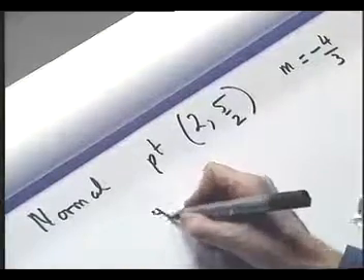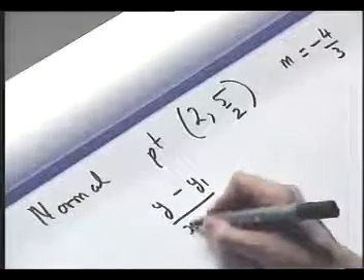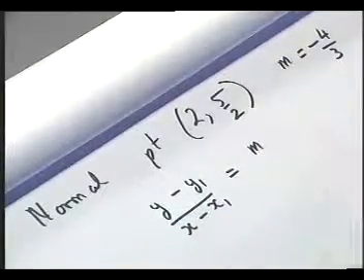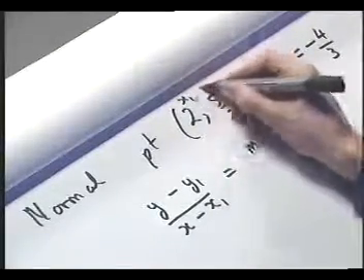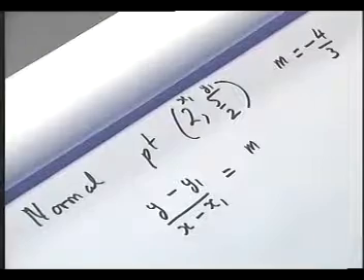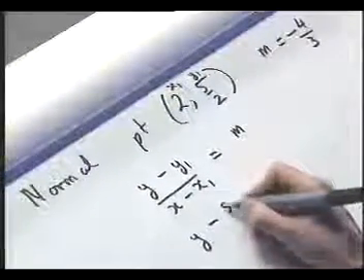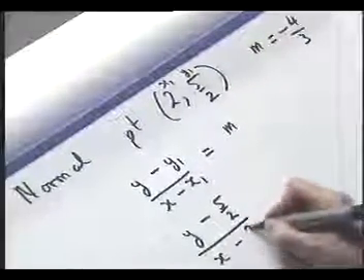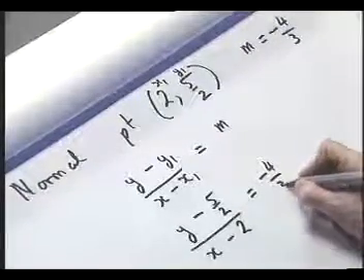So our standard equation for a straight line, y minus y1 over x minus x1, is equal to the gradient. And this is the point x1, y1. So now we substitute that in, y minus 5 over 2 over x minus 2 is equal to -4 over 3.